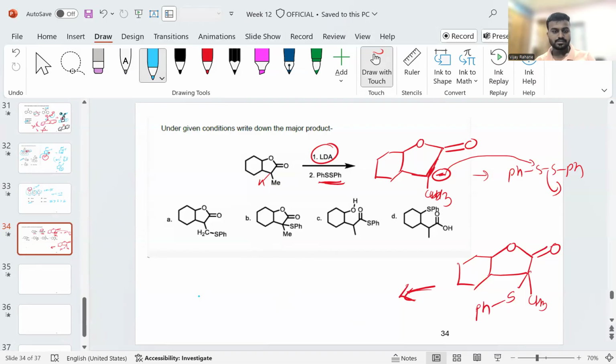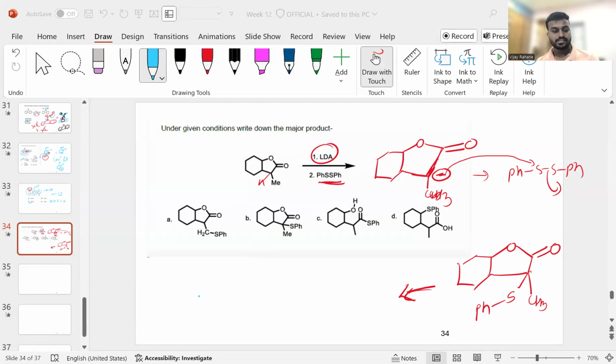Also, in question number 6, there is a Wittig reaction. That reaction we have already covered, and keep in mind this is a stabilized Wittig, so it will form the E alkene as the major product.